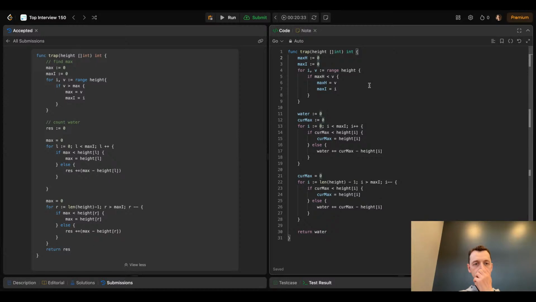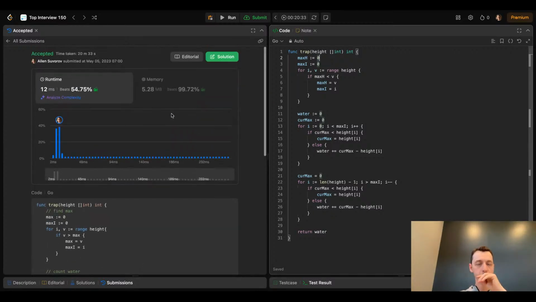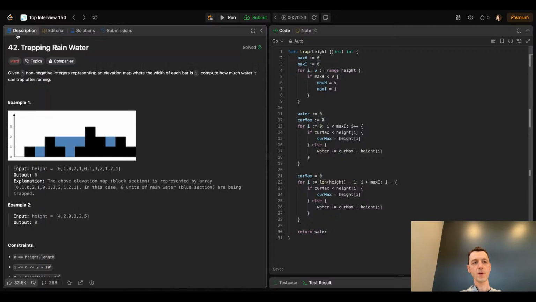Looks exactly the same, right? The naming is a bit different, but the rest is exactly the same. So that's the solution to this.